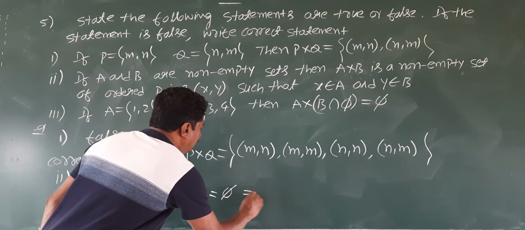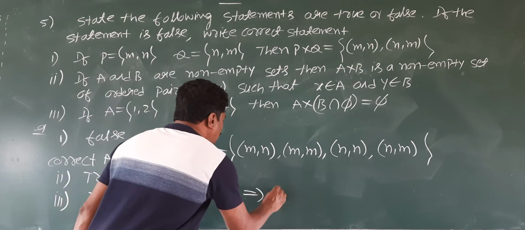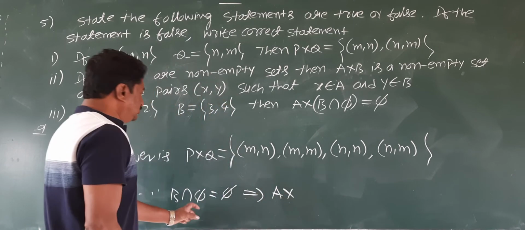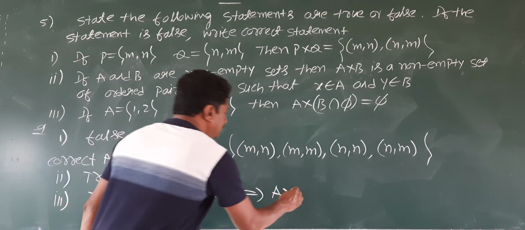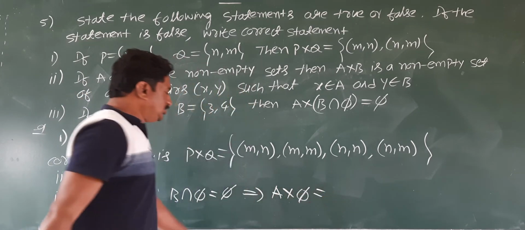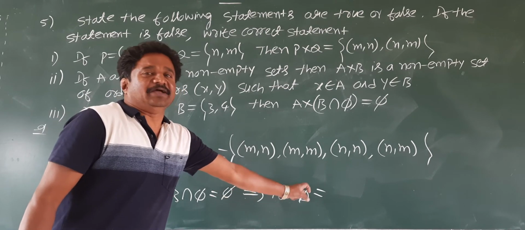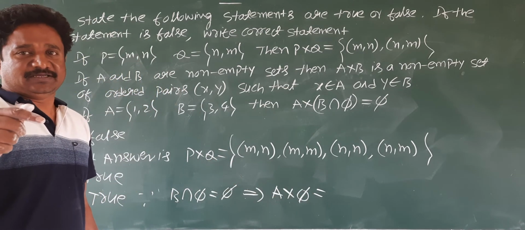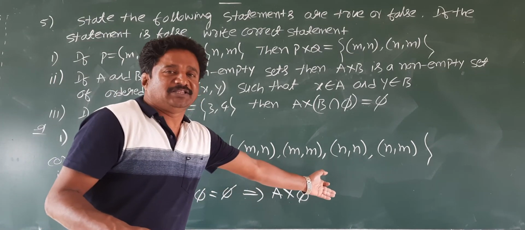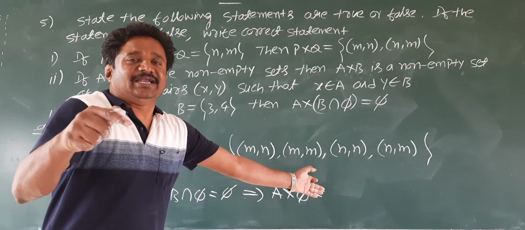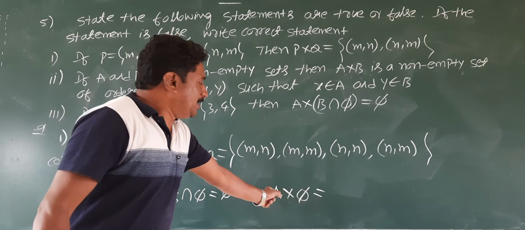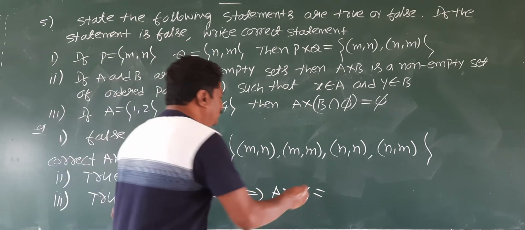That implies A cross B is also empty. The cross product of any set with empty set must be empty set. Can we get ordered pairs for this? Is it possible to write ordered pairs for this? No, it should be the empty set.